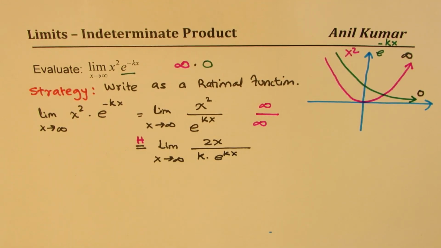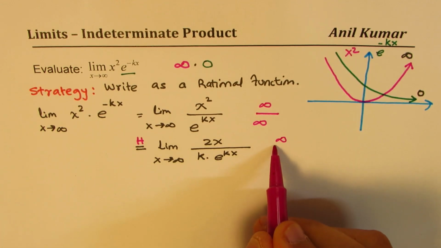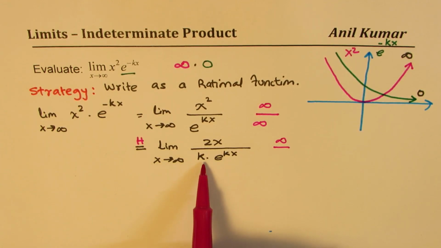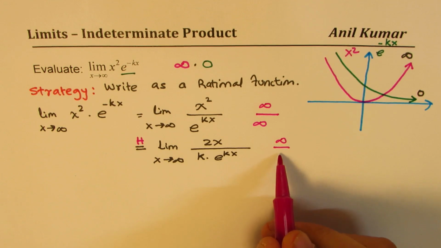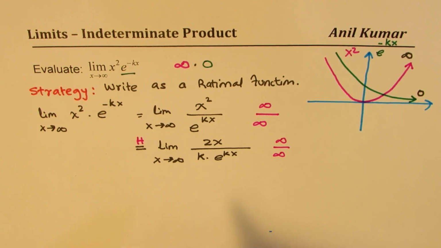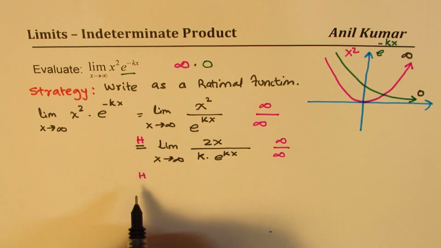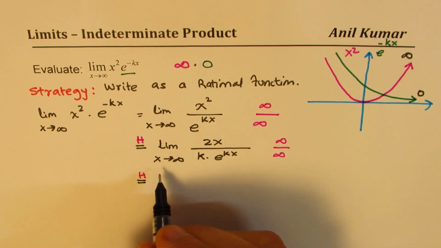Correct? Okay. Now again let us check. If I substitute infinity in the numerator, I get infinitely large value, and here again we get infinitely large value. That means we can once again apply L'Hopital's rule and then find the limit.